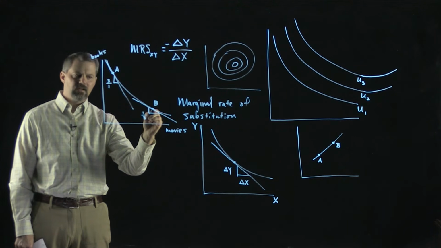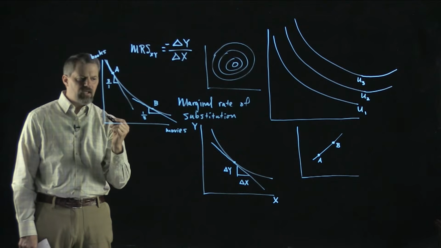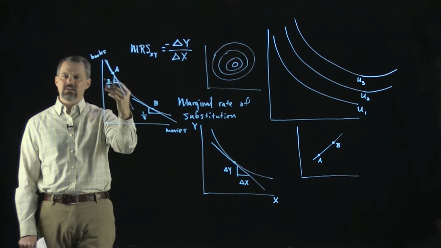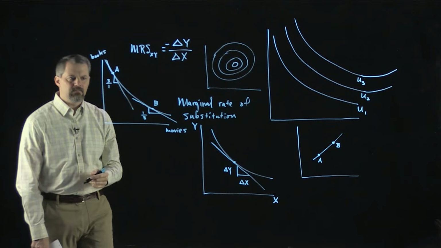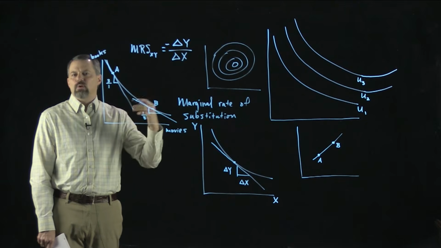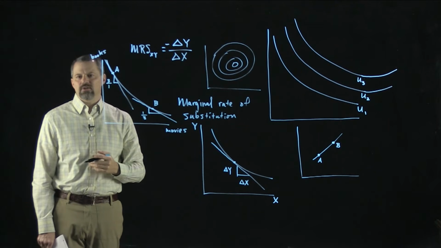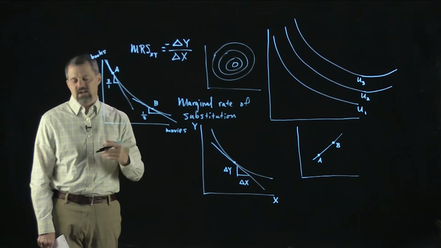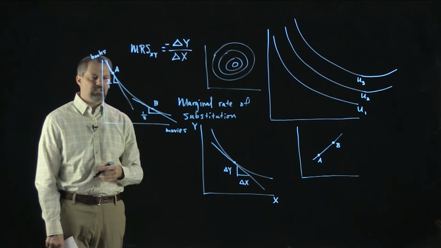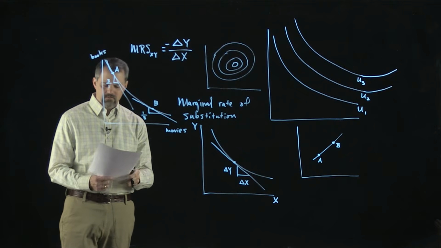So if we take another book away, we have to give them 3 movies. The idea here is diminishing marginal utility, right? The more of something you have, the less you're willing to give up at the margin to get another unit. The other side of that is the less of something you have, the more you are willing to give up to get another unit at the margin.